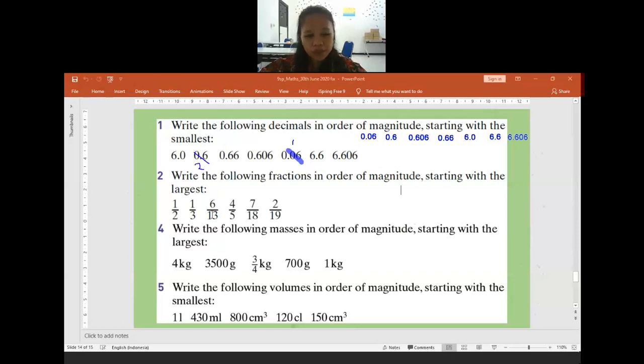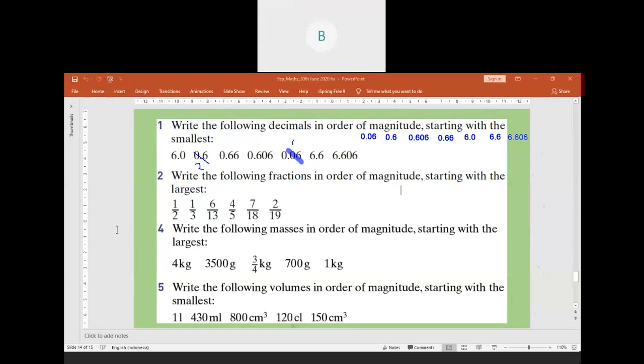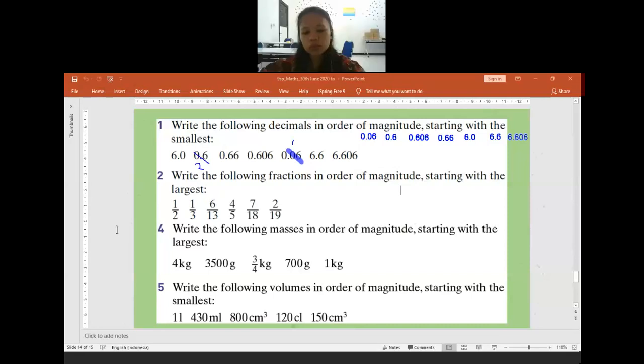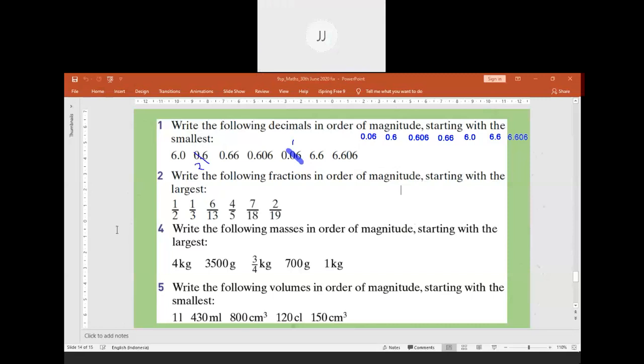Oh, okay. For question 2, what do we have to do to order this one from the largest? Which one is the largest? Well, I thought we have to change the denominator first. Yeah, you can make all the denominators the same. Yeah, but in this case we use a calculator, teacher. Yes, you can.